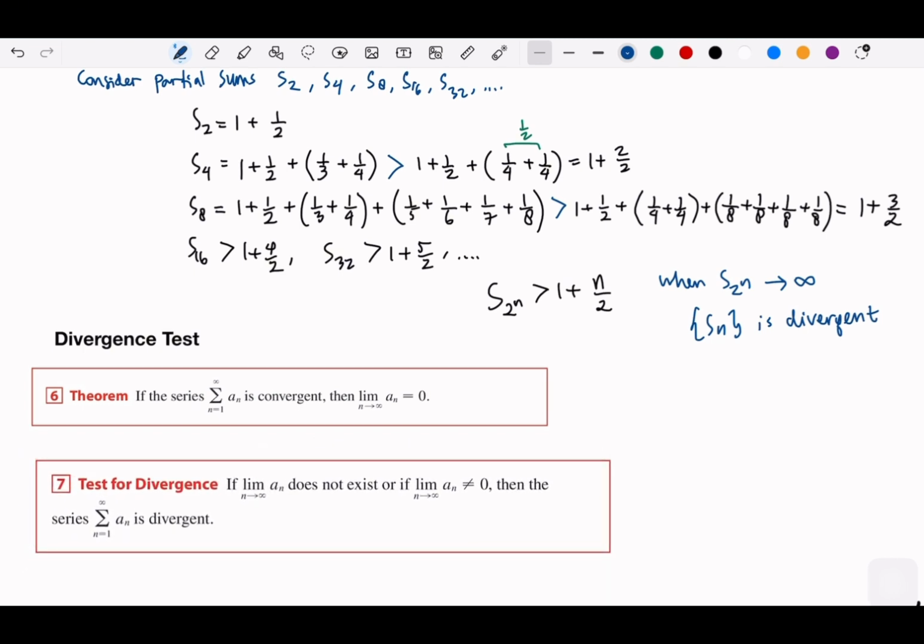Since we know whether the series is convergent or divergent at the beginning, like for the harmonic series or maybe the geometric series, then one theorem, I think we can discuss next week: if the series is convergent, the limit of the sequence is 0.